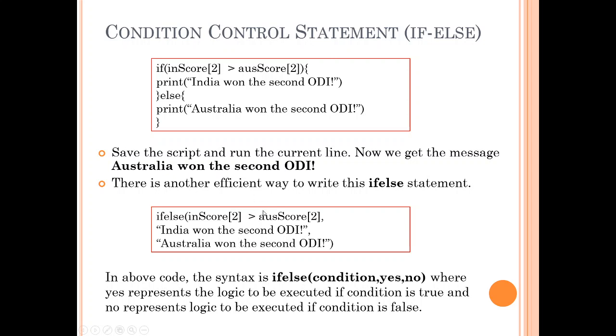This kind of syntax is exactly similar to what we call a ternary operator in C or C++. There also we had first a condition, then what if it comes out to be true, and what if it comes out to be false. You can see here we do not use a print statement, because it understands that if double quotes are given, it is to be displayed.